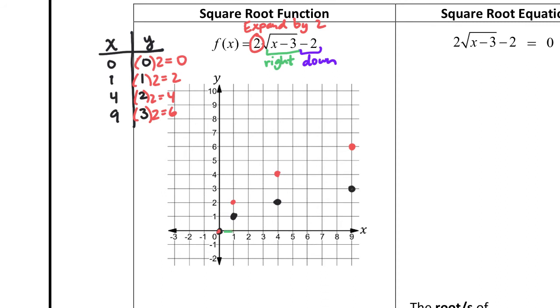To the right 3. 1, 2, 3. And down 2. And we can graph this one, but let's see how far it'll go. So 1, 2, 3, and down 1, 2.